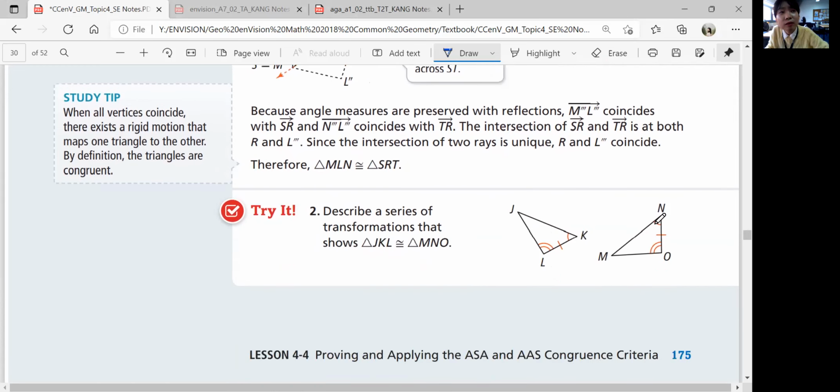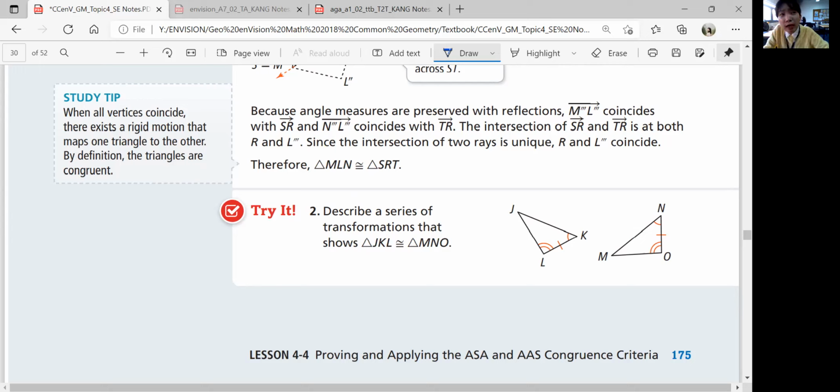So let's try number 2. Describe a series of transformations that shows triangle JKL is congruent to triangle MNO. Okay, do the triangles have the same orientation? Is it necessary to reflect the figure to get a mapping? These are questions that you might ask before describing a series of transformations.